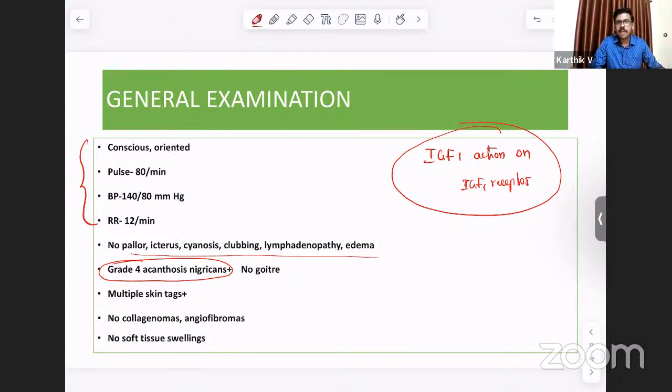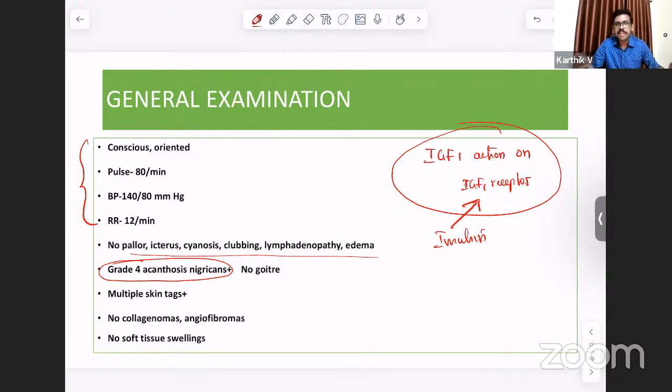But when insulin levels are very high, this insulin can bind to the IGF-1 receptor. So that is why in obese patients with hyperinsulinemia, you see acanthosis nigricans, and it is considered one of the main markers of insulin resistance.